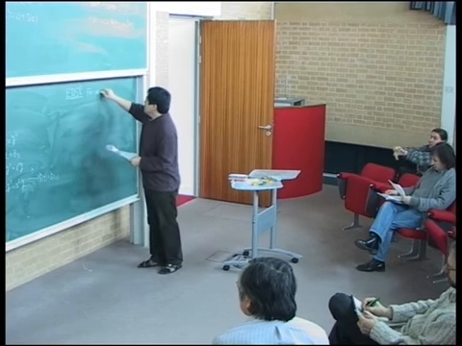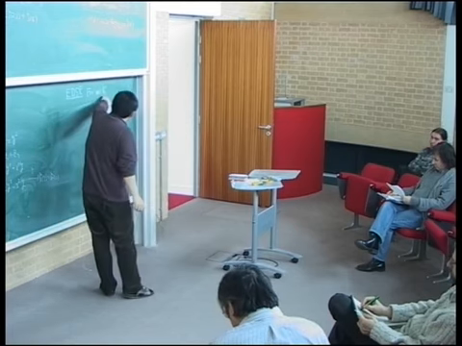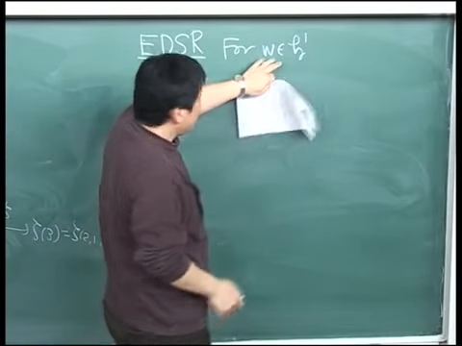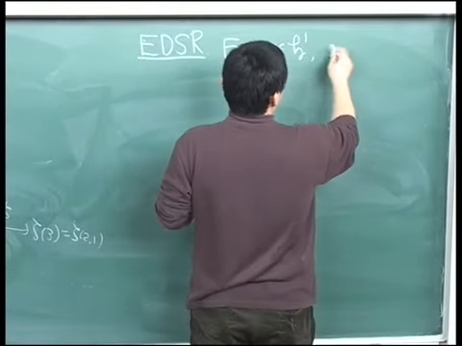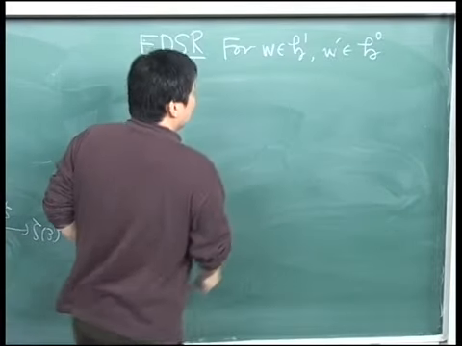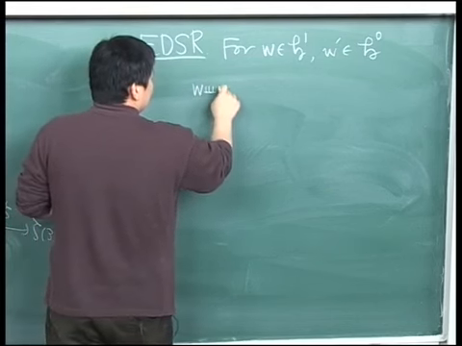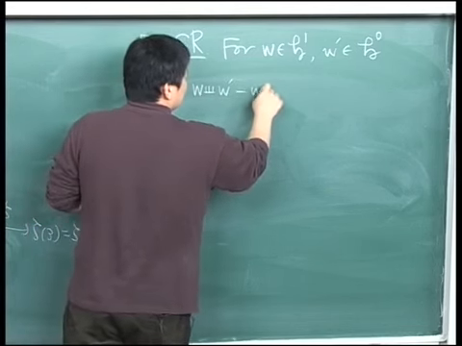For W an element in H1, so you remember this space contains divergent zeta values, and W prime in the usual H naught, compute the difference of the two products.